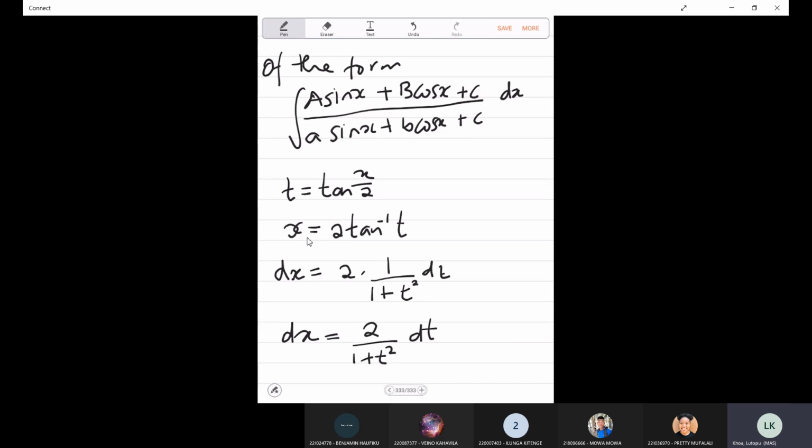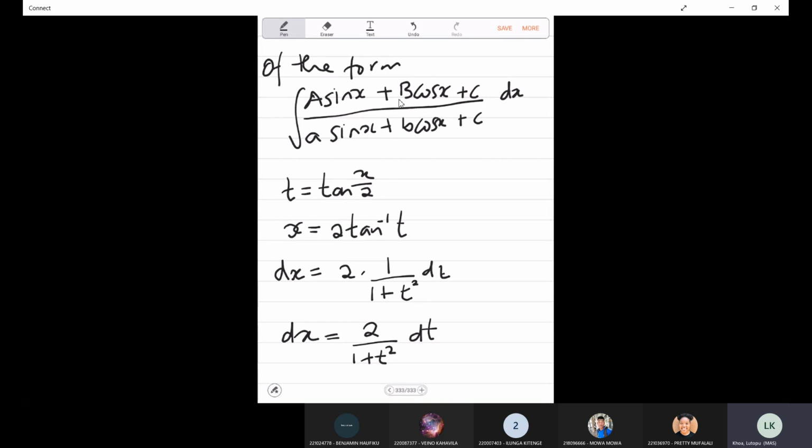So we will substitute sine x, if it's there in the question, and cos x in terms of t, and then dx also, we write it in terms of dt. So this integral that we're given is now in terms of t, and what we get should be easier to integrate.